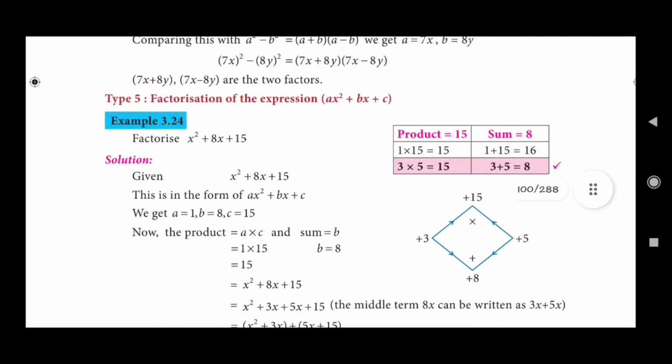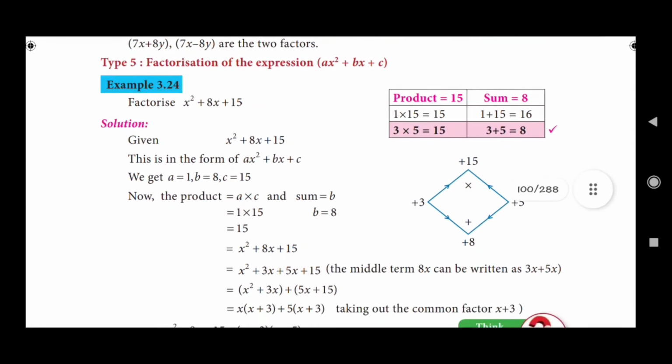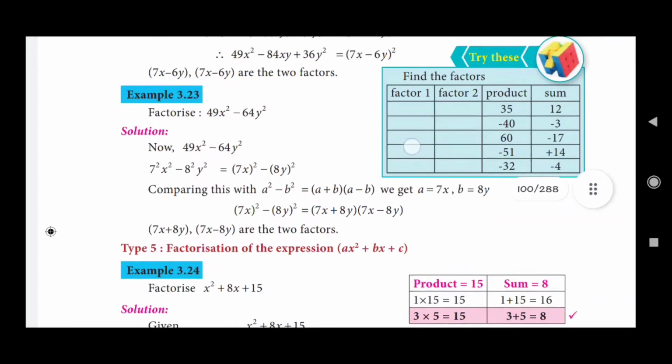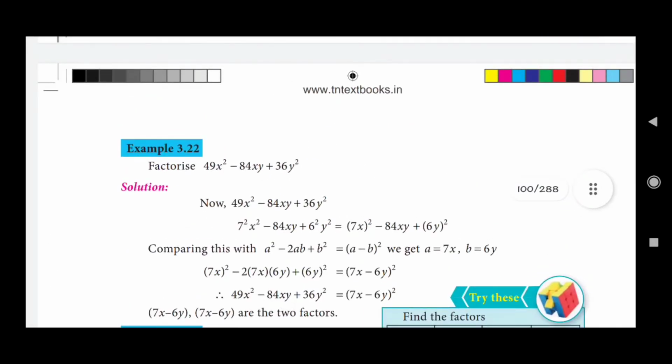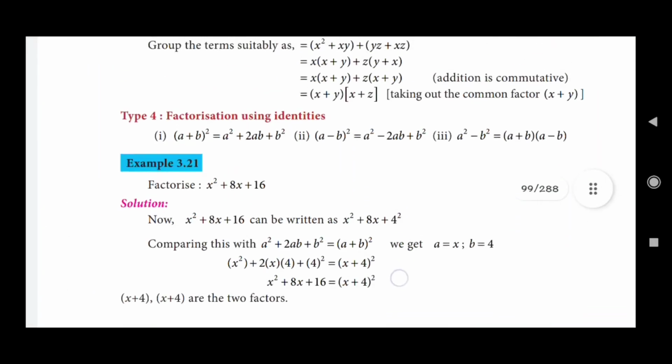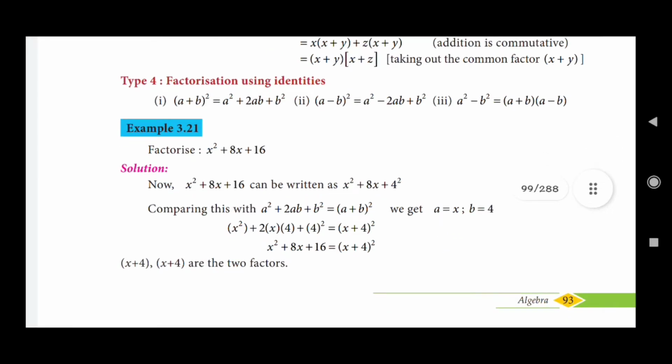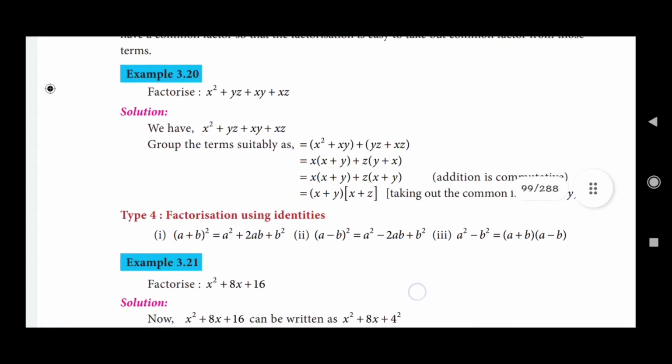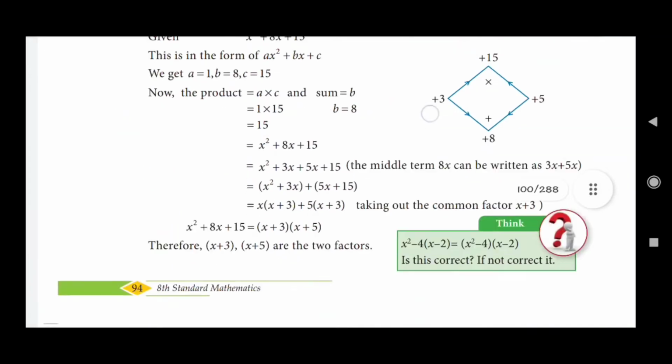If you see one example sum, factorize the expression a x square plus bx plus c. If they have given three terms in the sum, for the last constant term we should take what? Sum and product. You know what is sum and product? So for the last term we need to take sum and product.